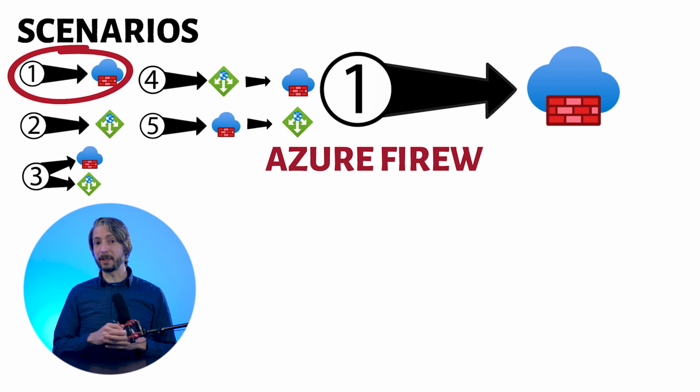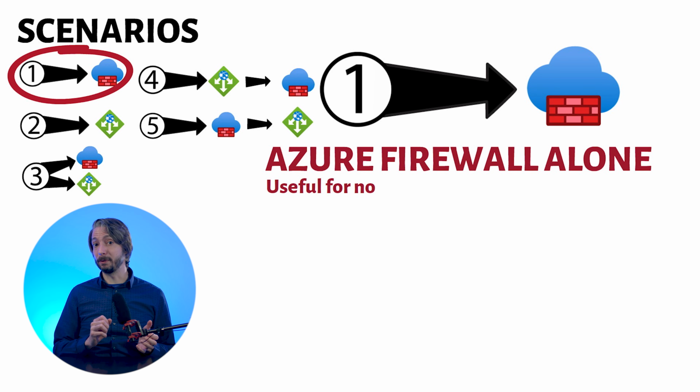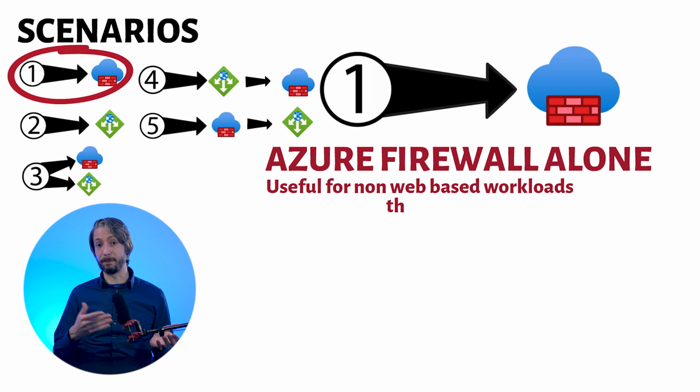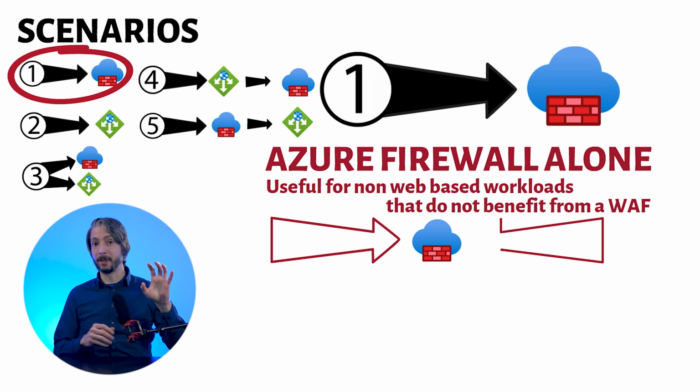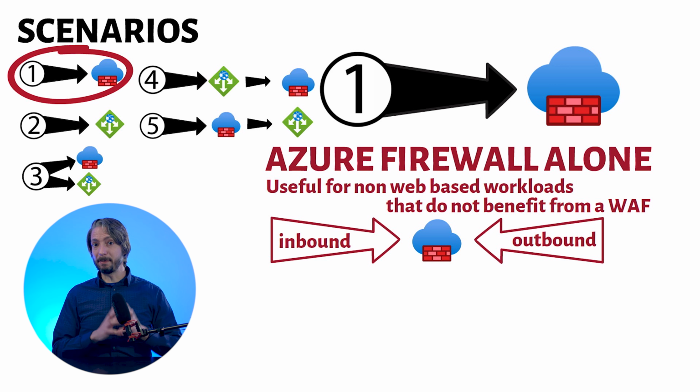Now, this is useful if there are no web-based workloads in the virtual network that can benefit from a web application firewall. All traffic is sent to the Azure Firewall, both inbound and outbound connections. Remember that Azure Firewall will not inspect inbound HTTPS traffic.